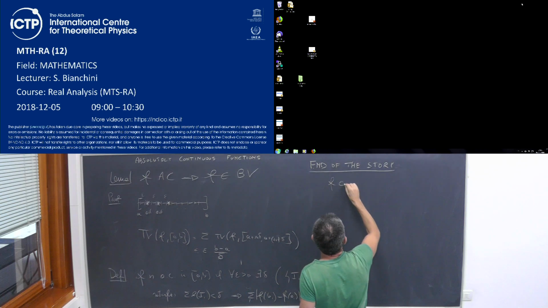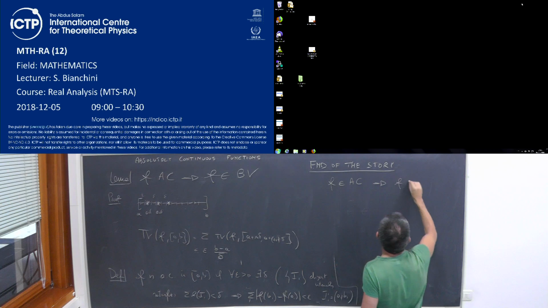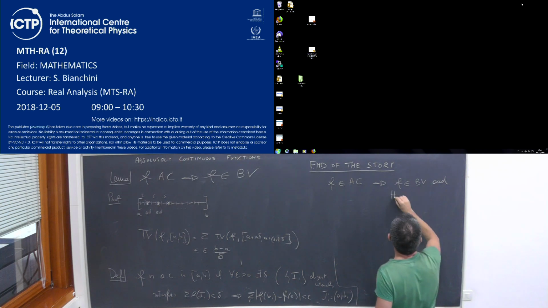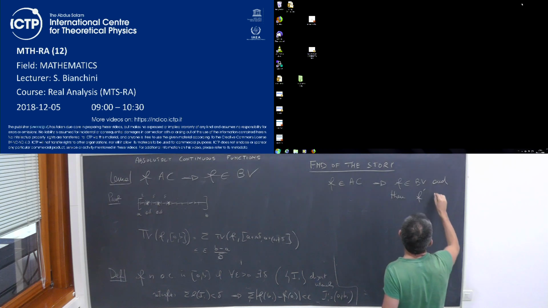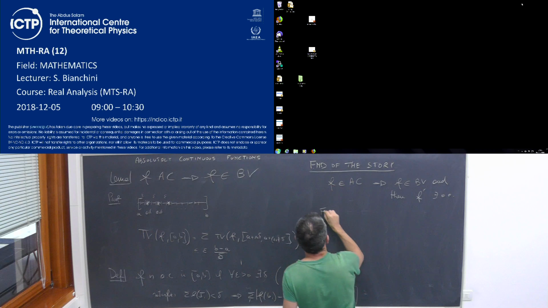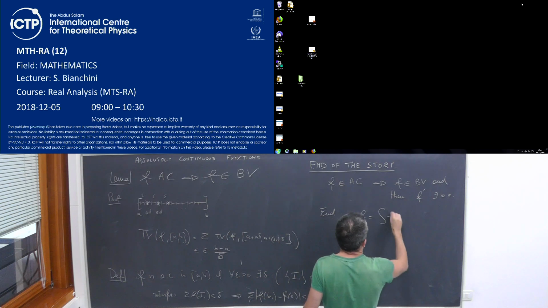If f is absolutely continuous, then f is BV, and then f prime exists almost everywhere. So end of the story. f is equal to the integral of f prime.